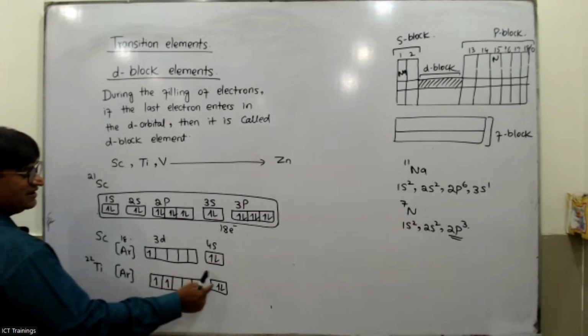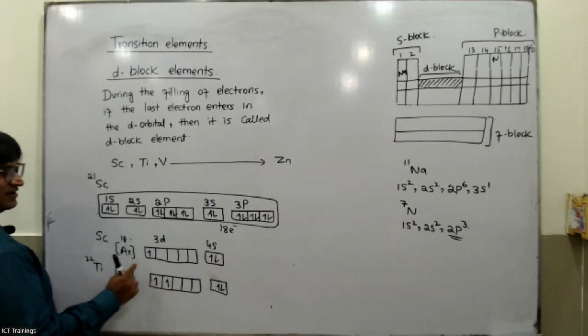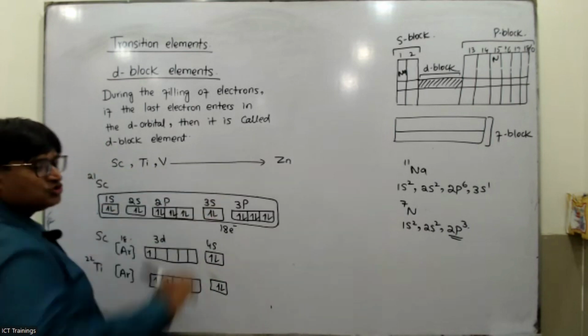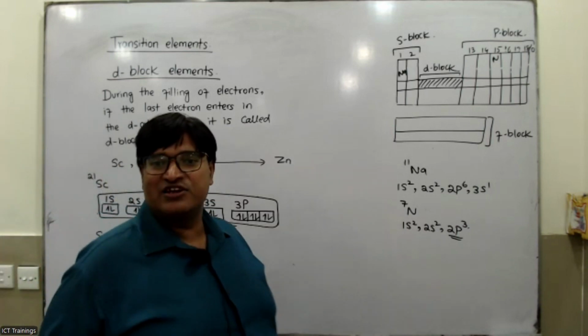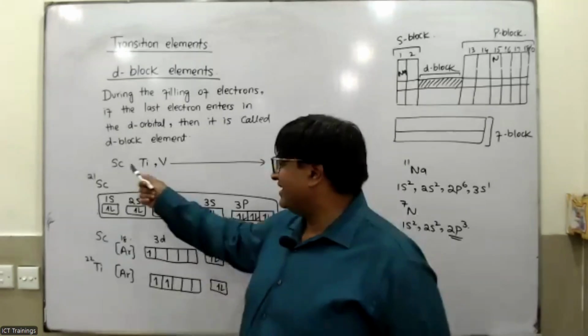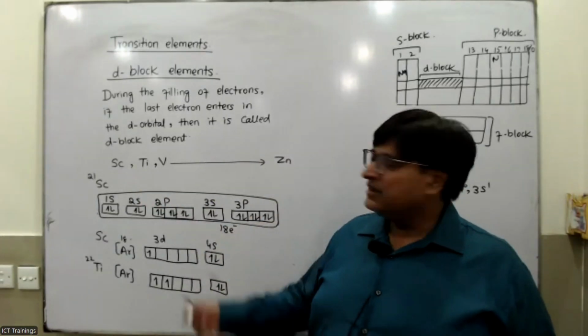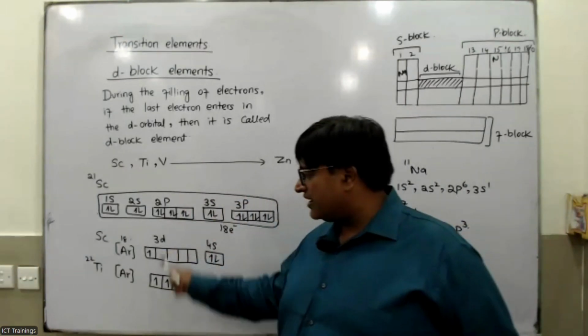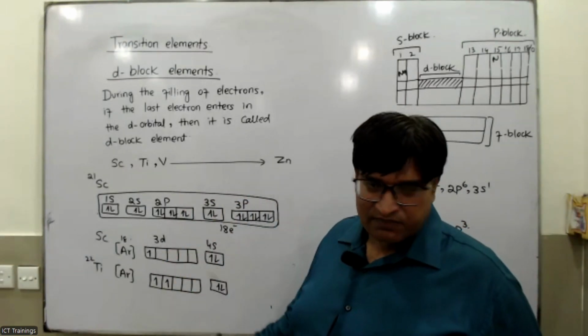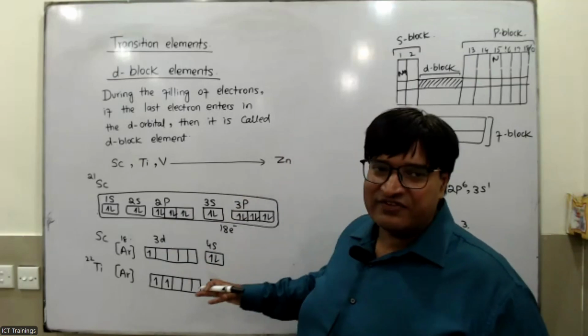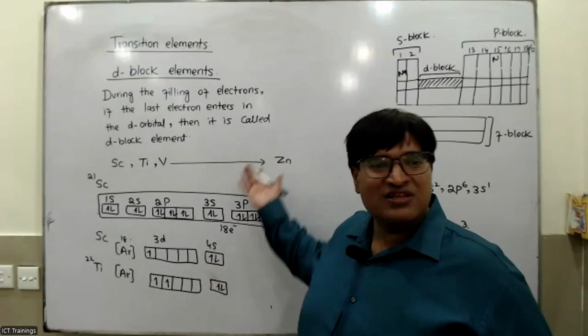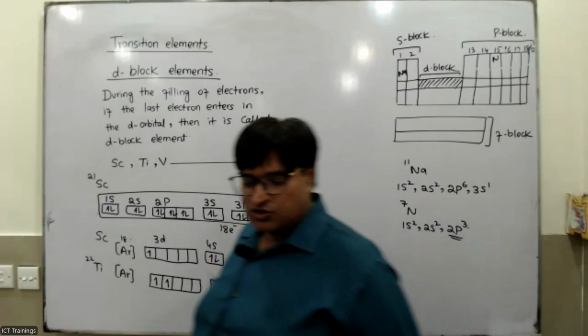So this is 18, 19, 20, 21, 22. You should make the electronic configuration of the 10 elements from scandium to zinc. Open up the periodic table, see the elements, and draw the electronic configuration in this way, because that electronic configuration will be used in the next part of the chapter. Okay, so start doing it.